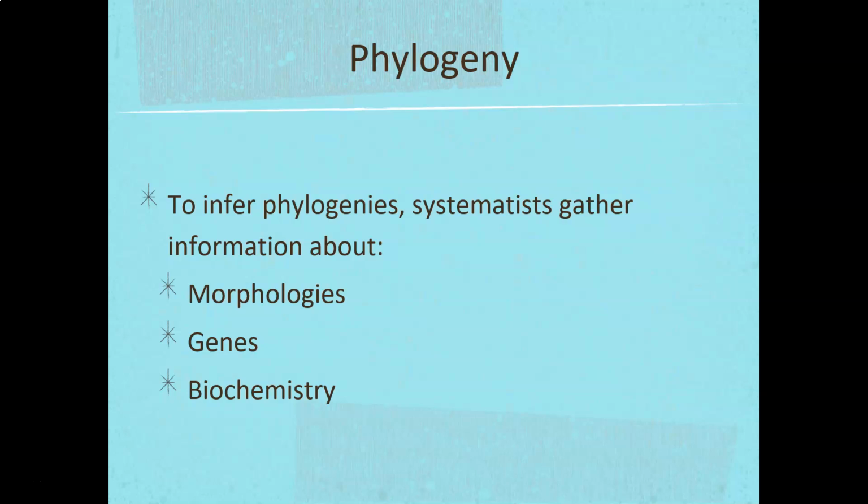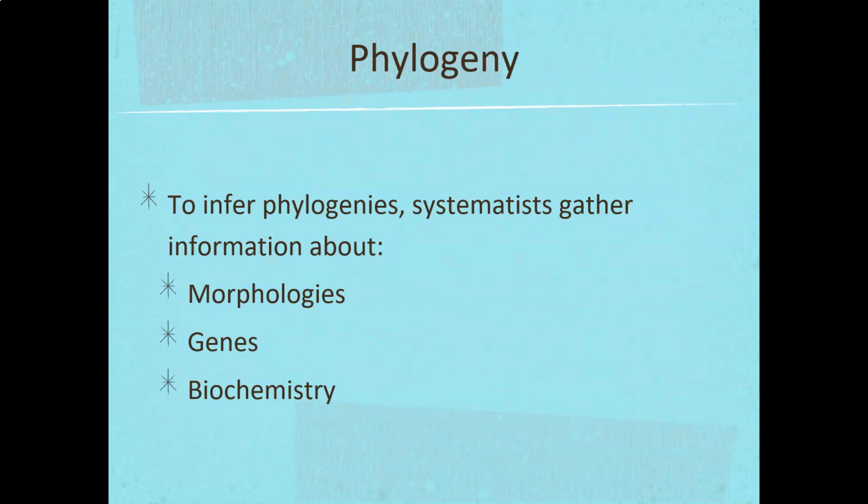So when we build out this information, we're typically inferring these phylogenies, or evolutionary histories, from three major sources of data. There are morphologies, so physical characteristics that we can see, whether because we're dealing with living organisms, or, typically the one we rely on most heavily, if we're looking at fossilized organisms.